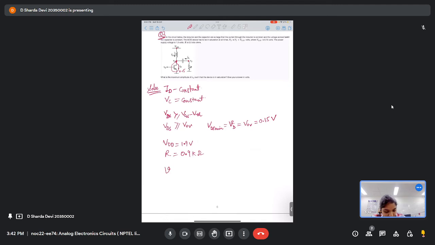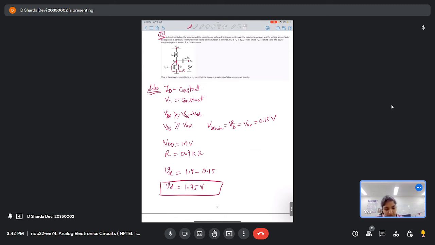So VD can get maximum, that is VDD minus the voltage that is dropped across the transistor, right? So the maximum voltage that VD can have is 1.75 volts.